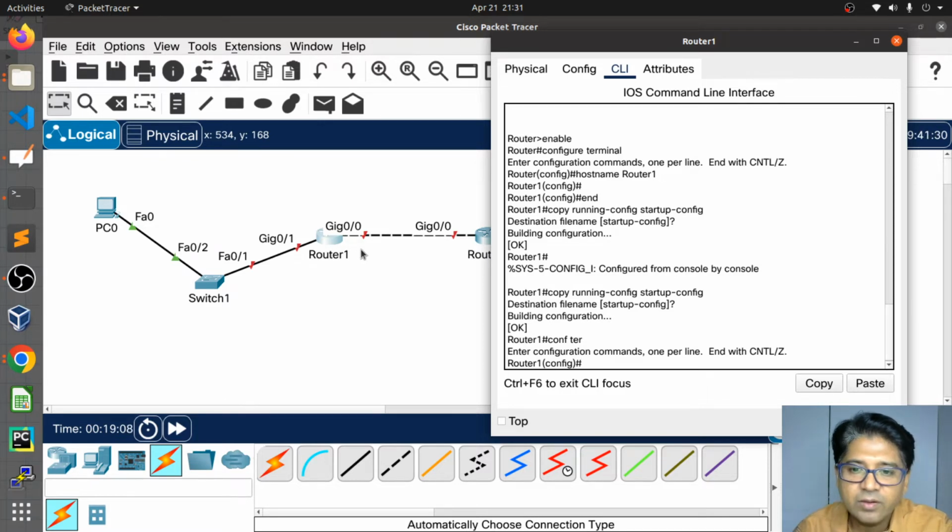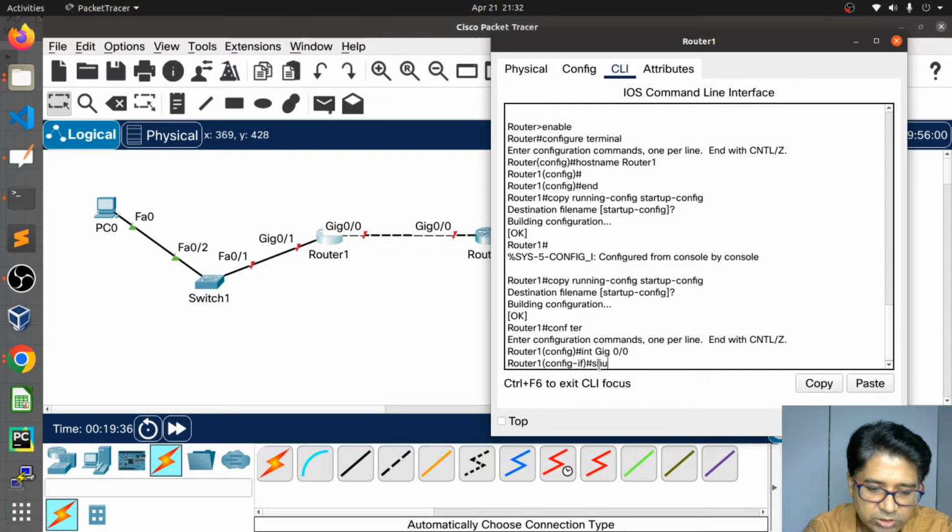So on router 1, we have to type config terminal. You follow at home, same as I'm doing. You are in configuration mode. Once you are in configuration mode, go to interface gig 0/0.